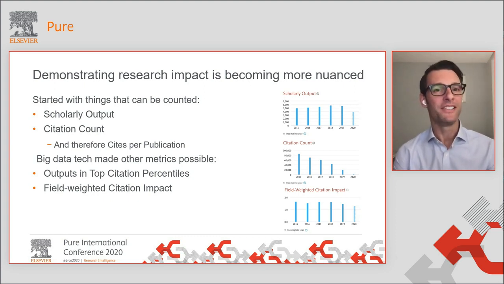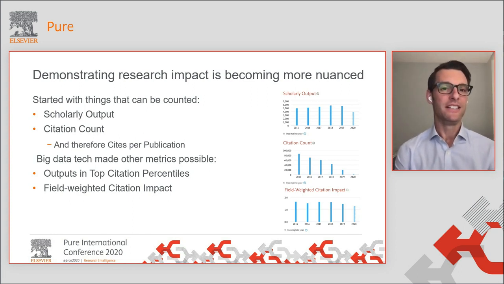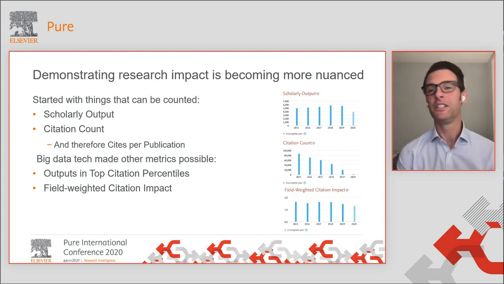Before I get started, I think it's interesting just to look at what the capabilities are today. When we look at how people have been looking at research and the impact of research, originally it was basically just looking at scholarly output, looking at things like citation count, and then you can combine the two, and then you have cites per publication, for example.